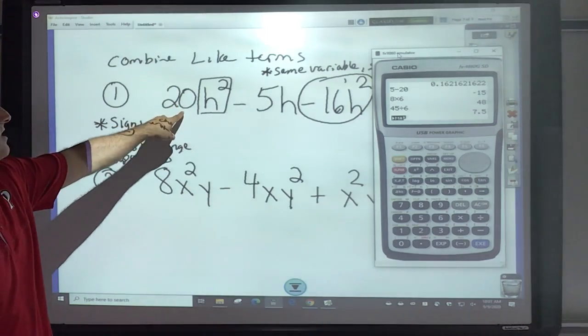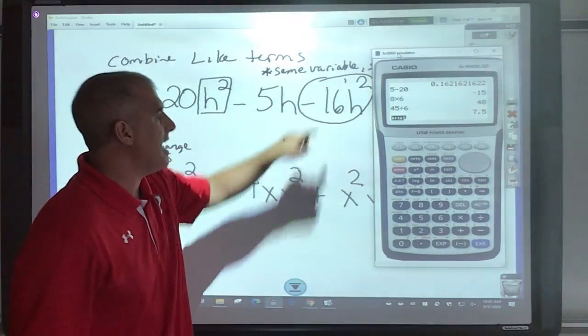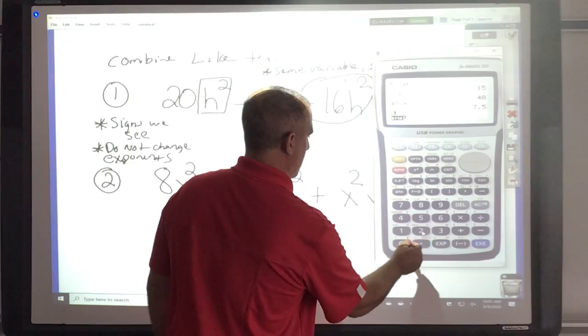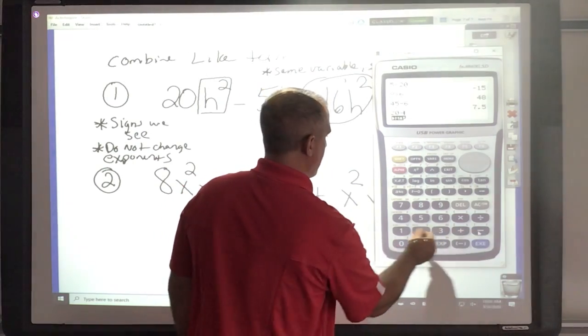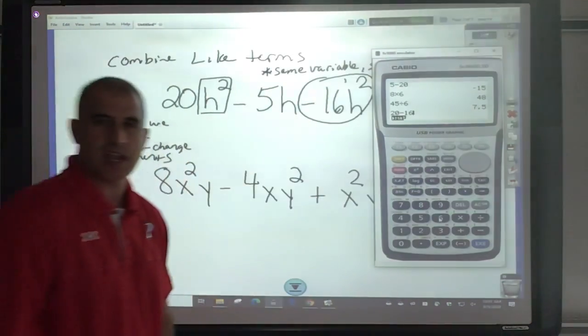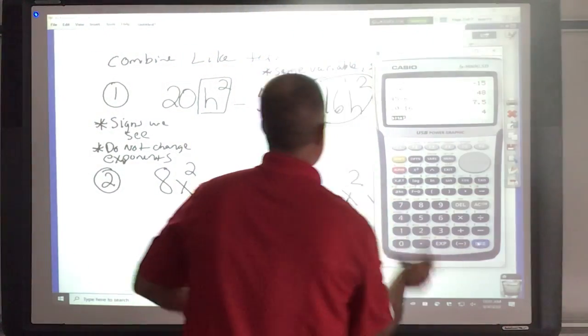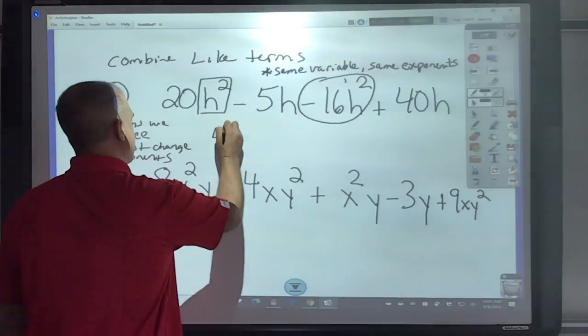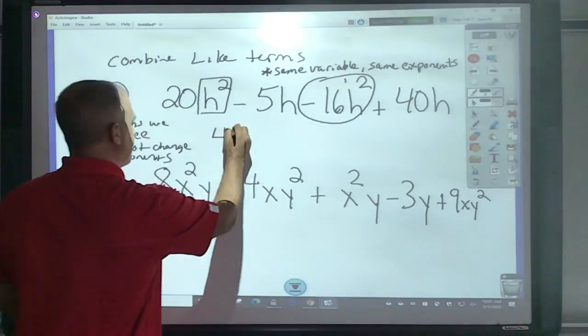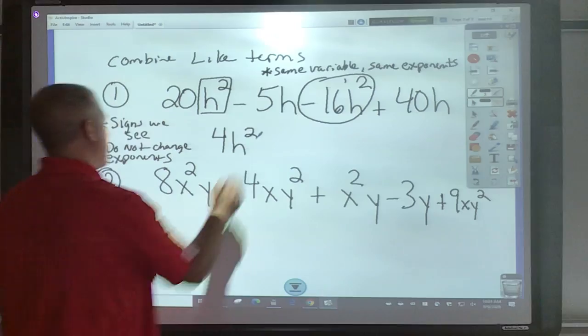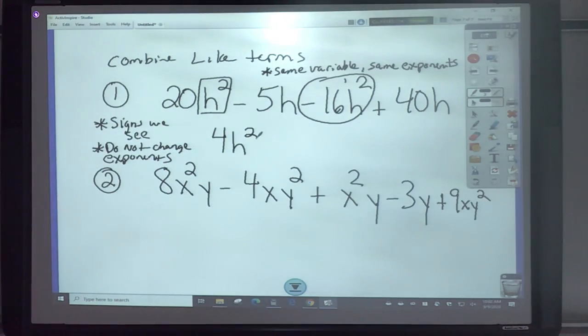I see a positive 20 with a minus 16. So to combine them, I do positive 20 minus 16. Notice, no double signs. And I get 4. That means I'm going to get 4, and I'm going to keep the h squared. I am not changing the exponent.